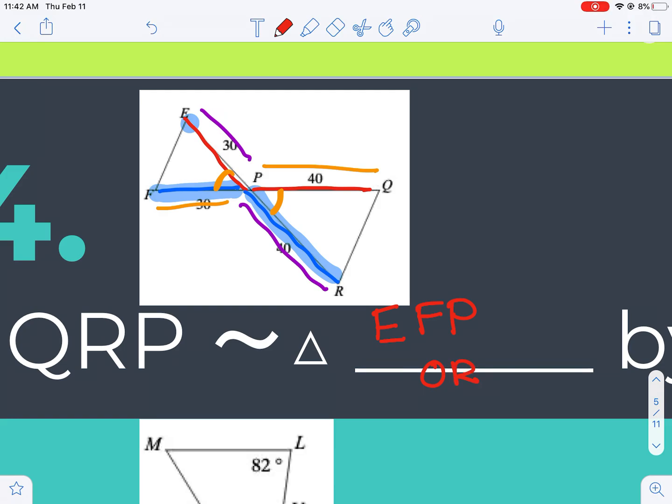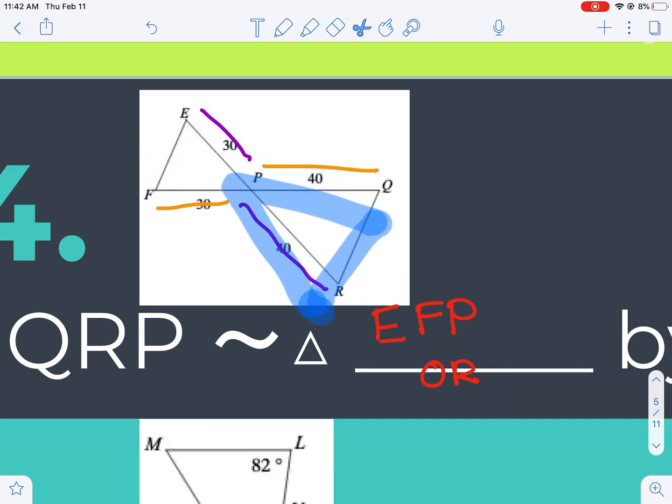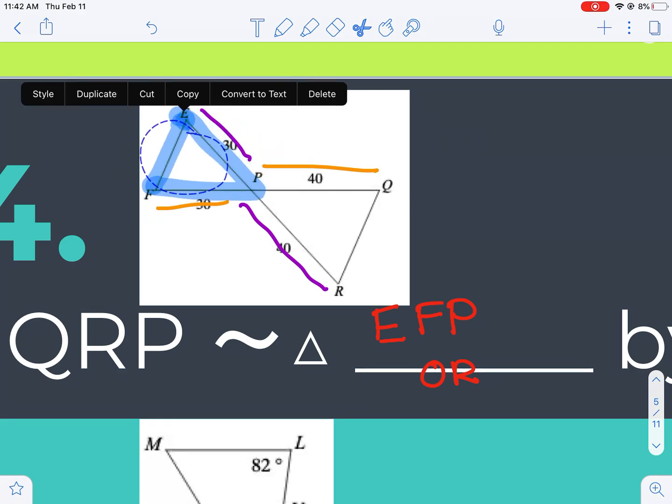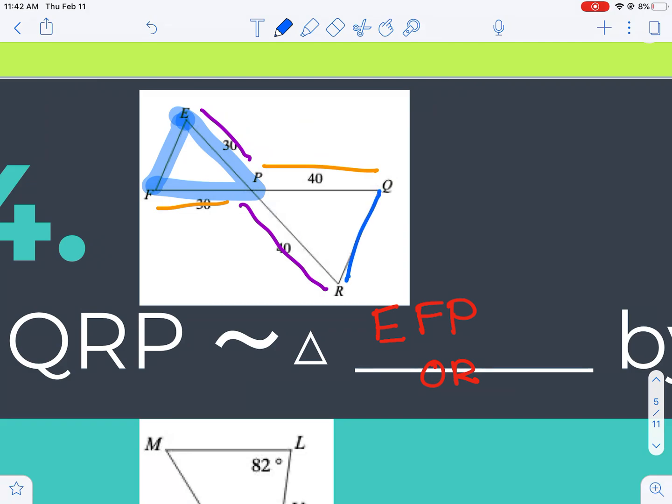If I picture it as my triangles are kind of twisting around, so if instead of using those, I'm thinking of this triangle here is rotating around and getting bigger, then I could say, let's see, QR would still match up with EF, but instead of having RP match up with FP, I would have it match up with EP.